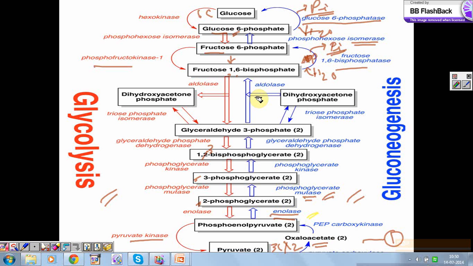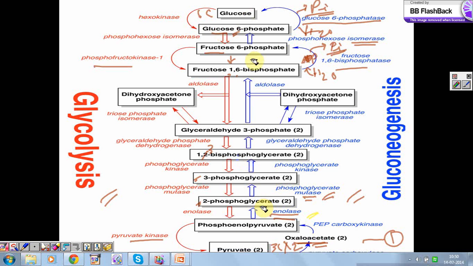So there are 3 important steps. One is this one, where the oxaloacetate works as an intermediate in the production of phosphoenolpyruvate from pyruvate.